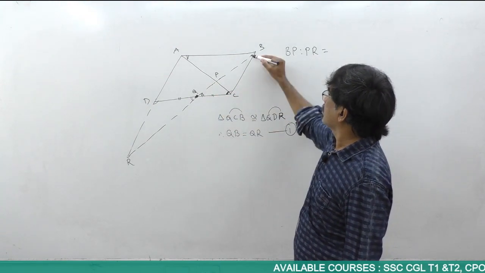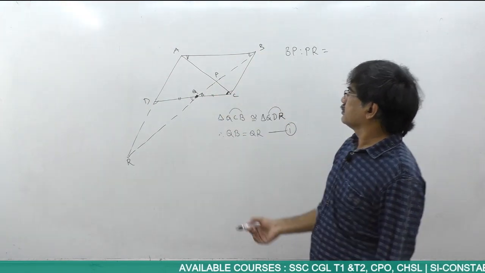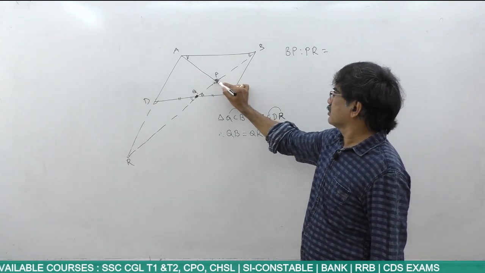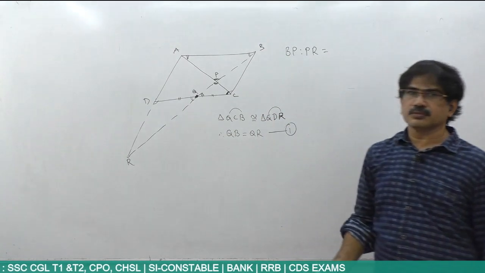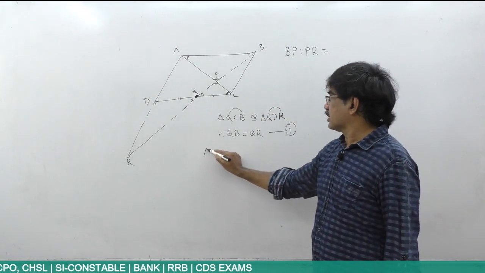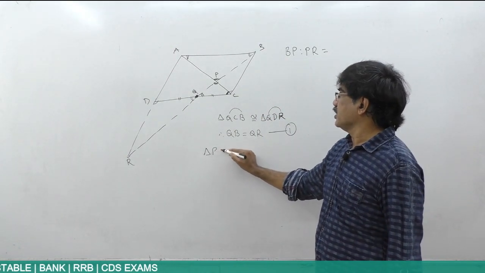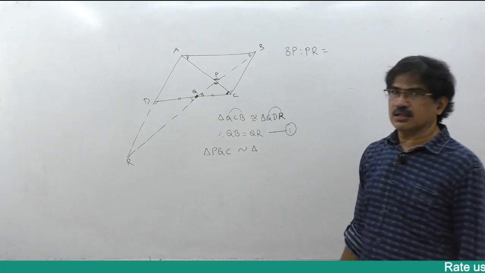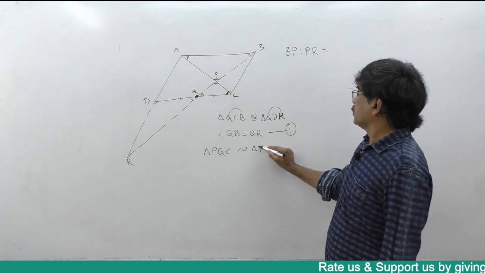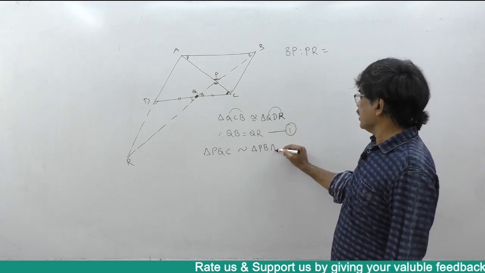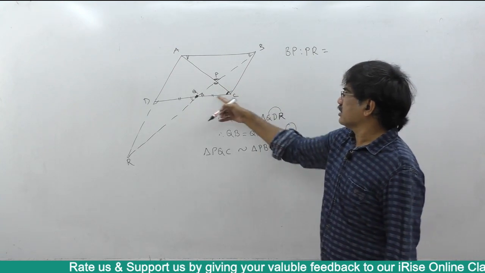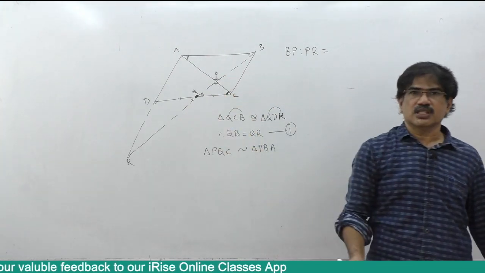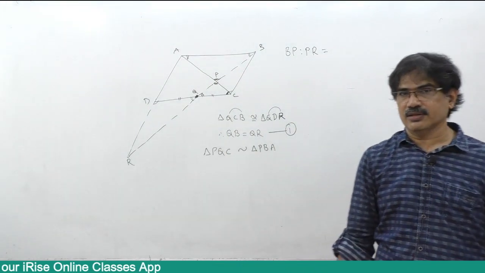So this angle is the same as this angle. And these two are vertically opposite angles. Therefore, triangle PQC is similar to triangle PBA. The three angles of one triangle are equal to the three angles of the other triangle, so we say that the two triangles are similar.